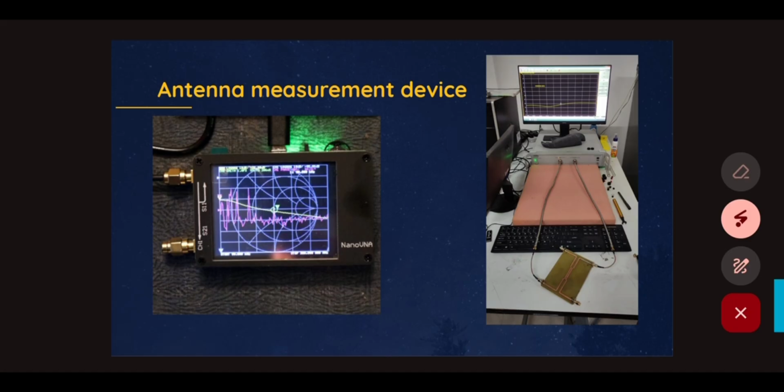So we all know the NanoVNA, which is still expensive depending on its bandwidth. And on the right hand side we have a very expensive VNA. These are quite expensive. They have an FPGA inside and a very high quality PCB.